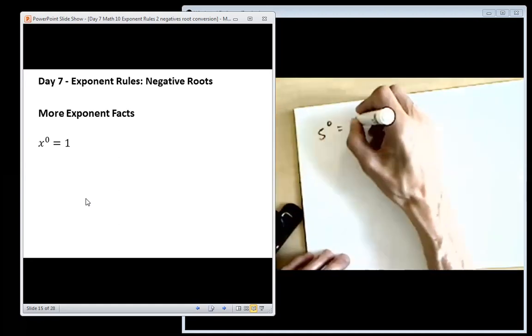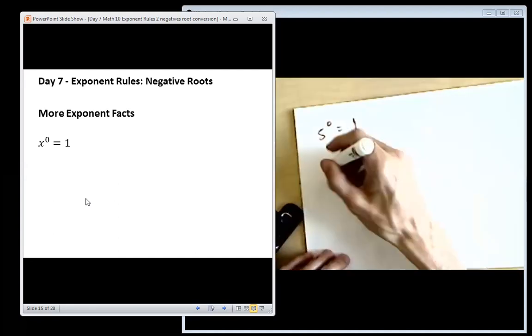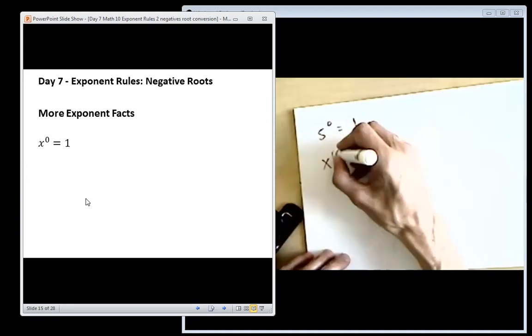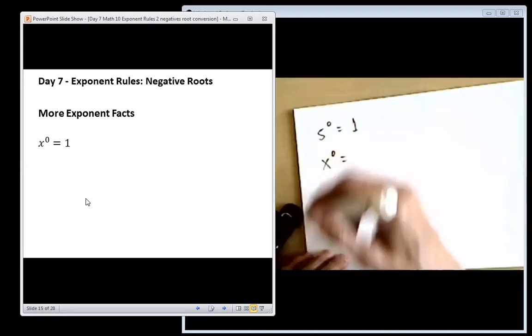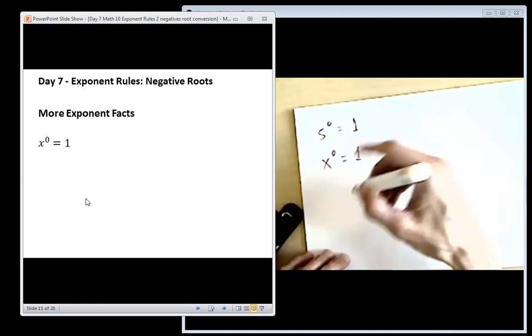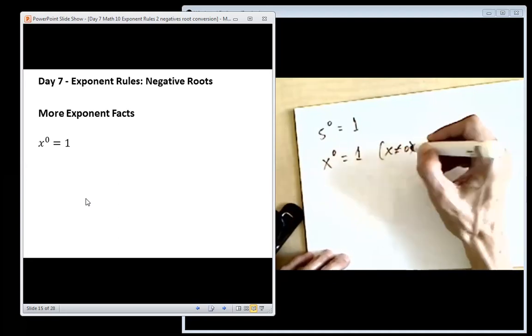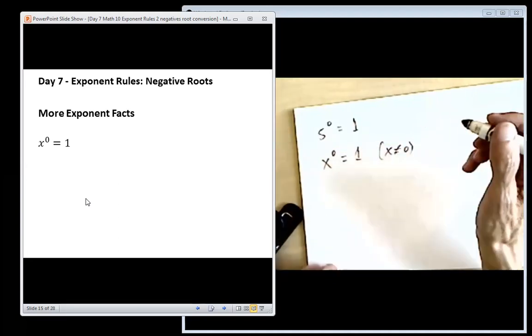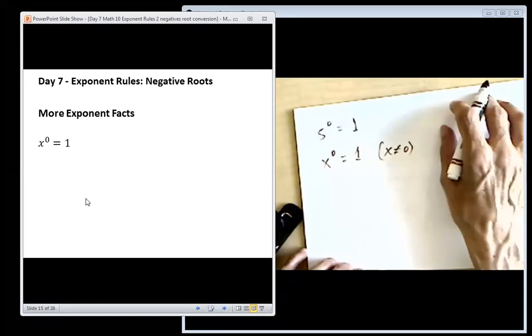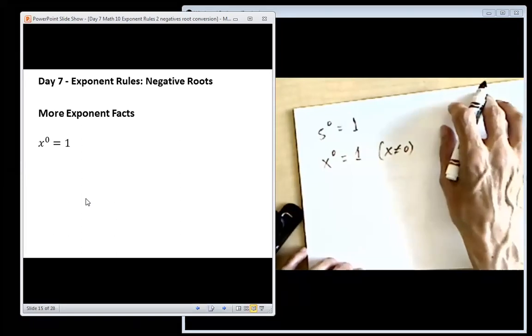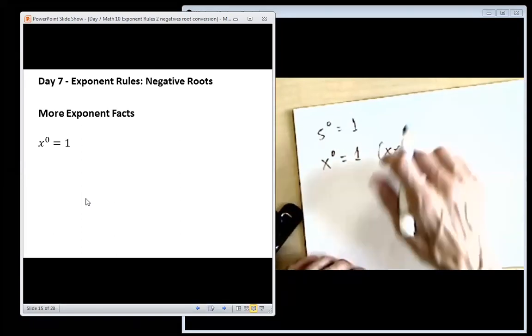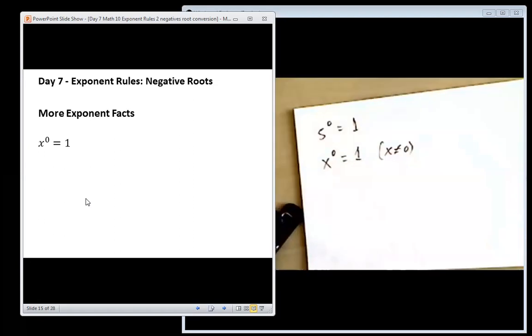What is that? 1. X to the power of 0 equals, as it shows on the screen there, 1. There is a little extra bit though. X can't equal 0, otherwise things get weird. 0 to the power of 0 starts to melt some brains, okay? So little math fact there when it comes up.